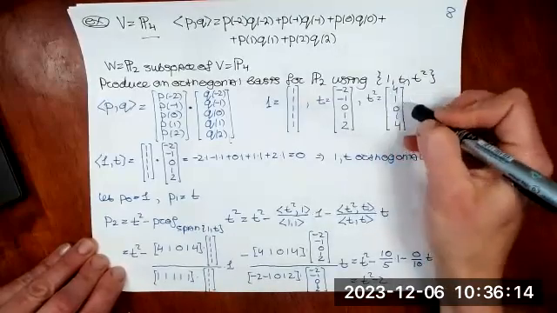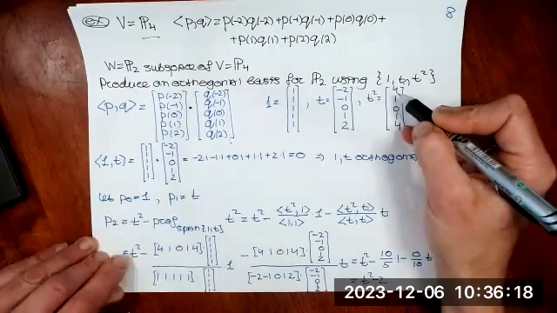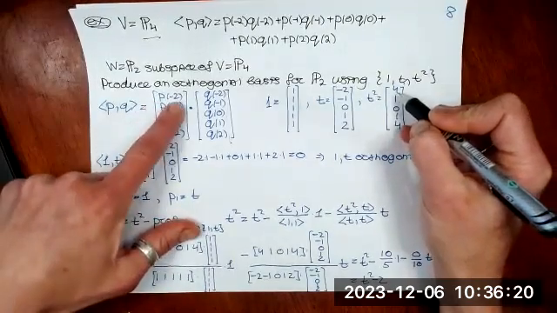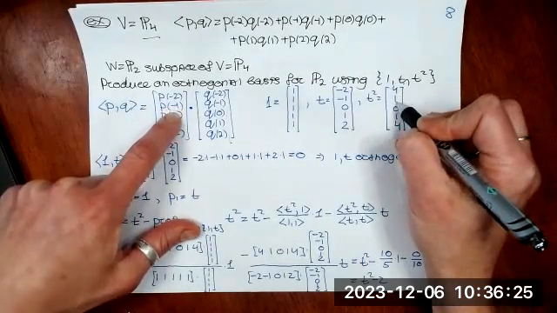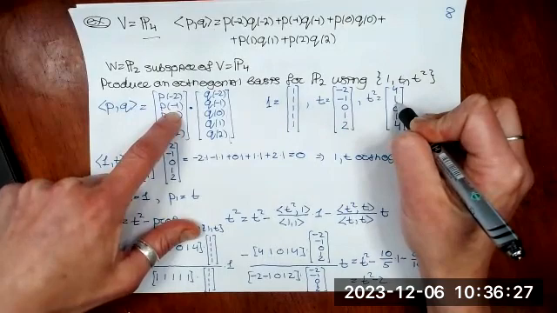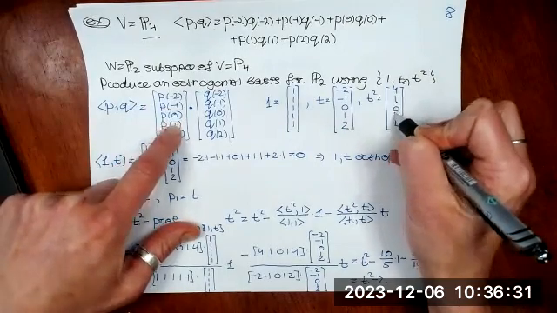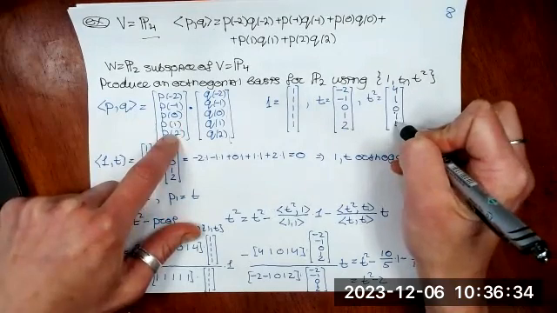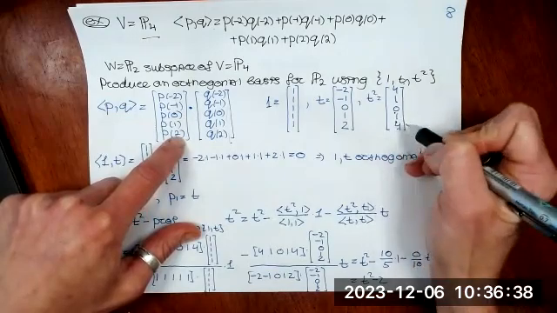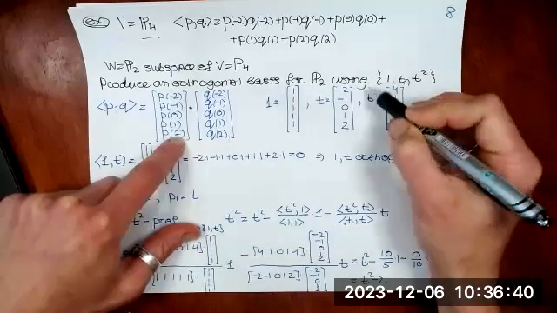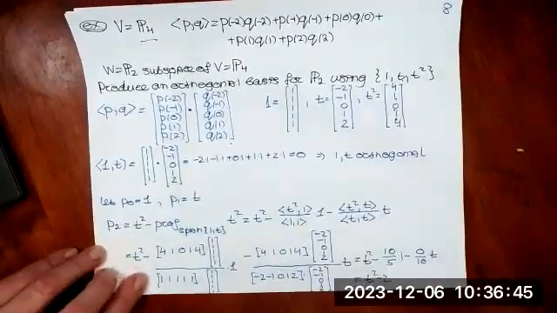For t squared, I would write that vector as t evaluated at -2, so -2 squared is 4, then -1 squared is 1, 0 squared is 0, 1 squared is 1, and 2 squared is 4. These are all the values of my polynomial evaluated at those different points.